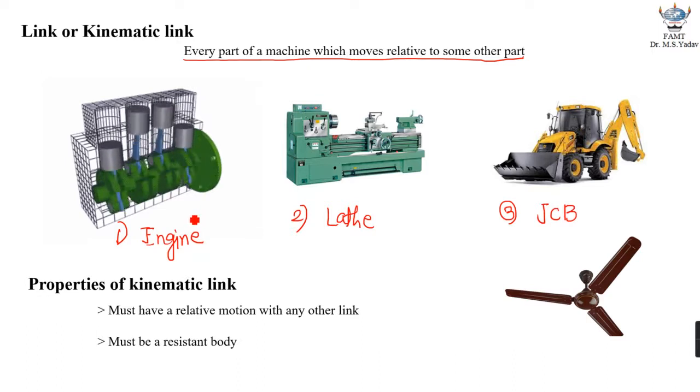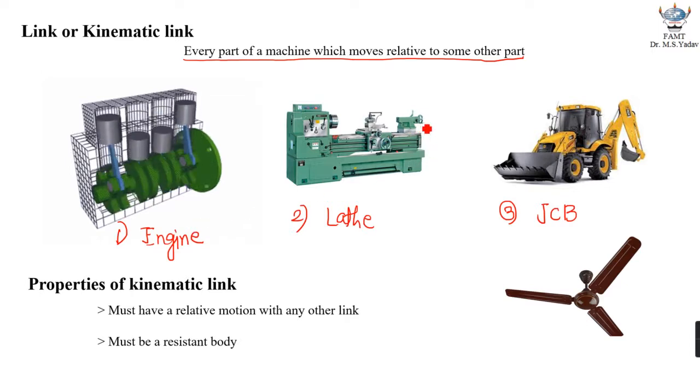Say for example, if I consider piston, then the piston is moving relative to the connecting rod or the cylinder. So cylinder, connecting rod and piston become links.